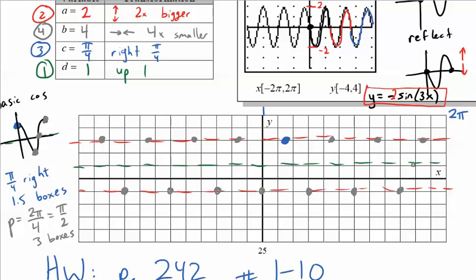Now that's kind of hard to draw. It's kind of like 0.75 and 0.25. Now I'll connect the tops concave down.